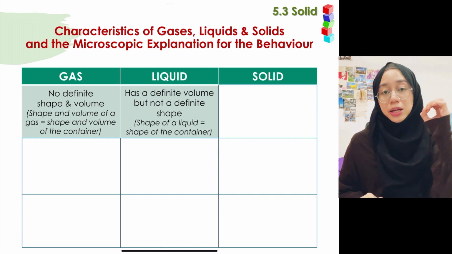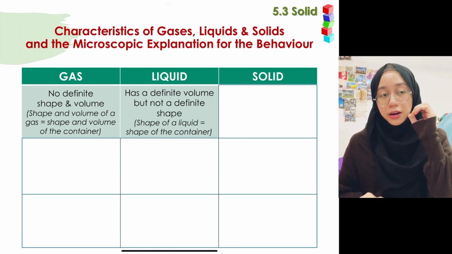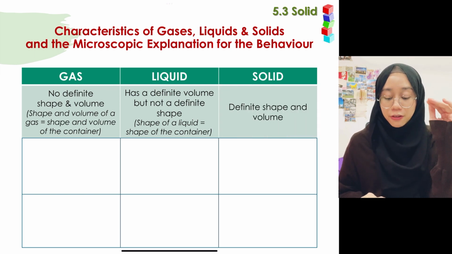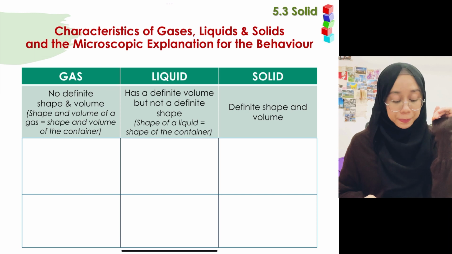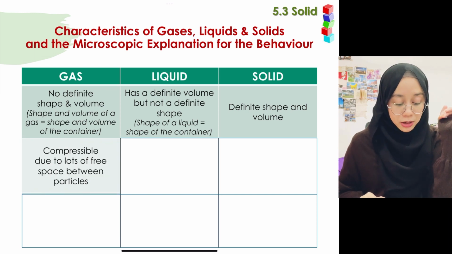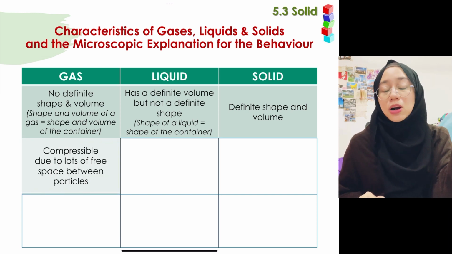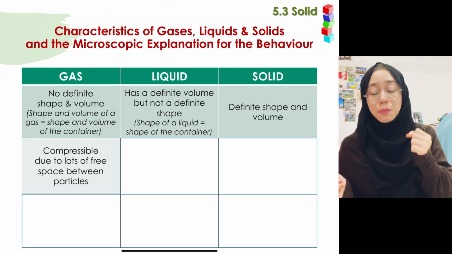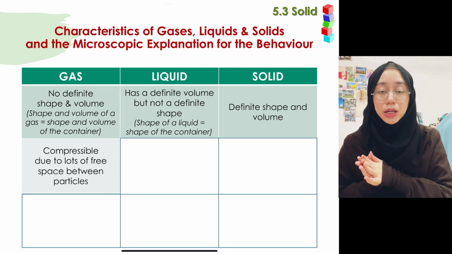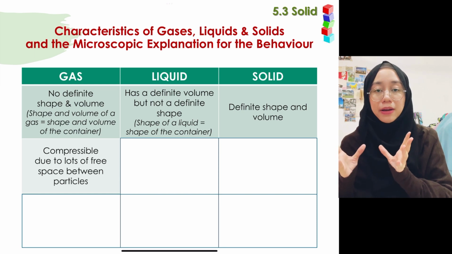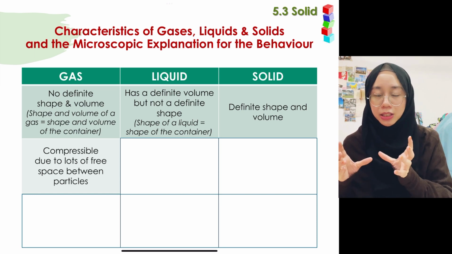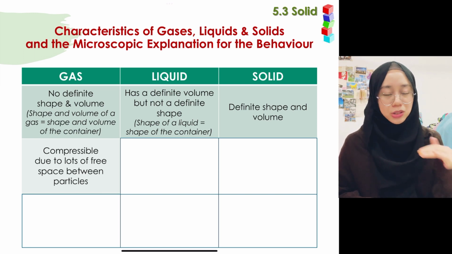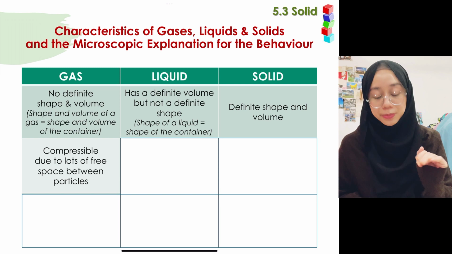However, solids, since they are arranged in an orderly manner, very closely to one another, therefore have a definite shape and volume. In terms of compressibility pula, gas is very compressible due to the large spaces between the gas particles. However, for liquid and solid, they don't have that much free space, so liquid is almost incompressible. Solid is basically incompressible.